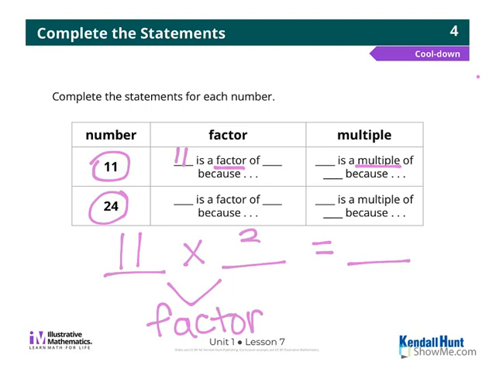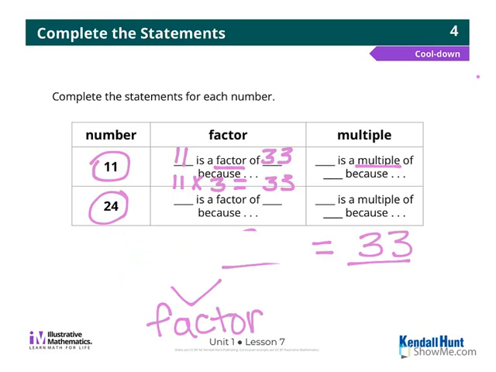I don't know, maybe 3. 11 times 3 is 33. That means 11 is a factor of 33. So 11 is a factor of 33 because 11 times 3 is 33.